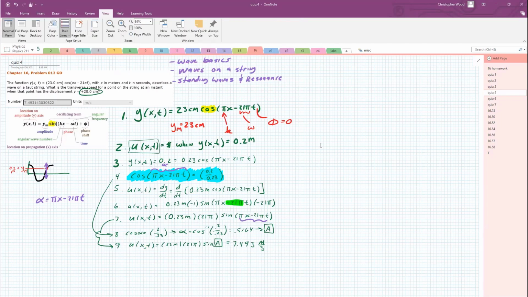Chapter 16. Let me take a look at Wiley Plus. Scanning for signs of life.